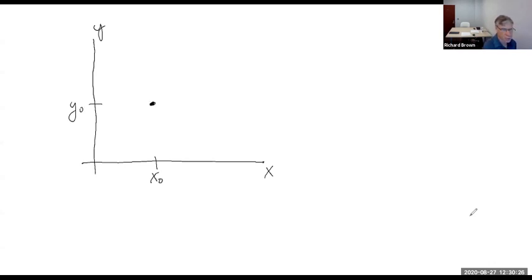Let's actually look at an example: dy dx equals x minus e to the x over 2.